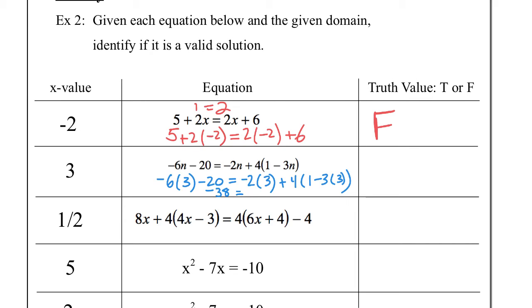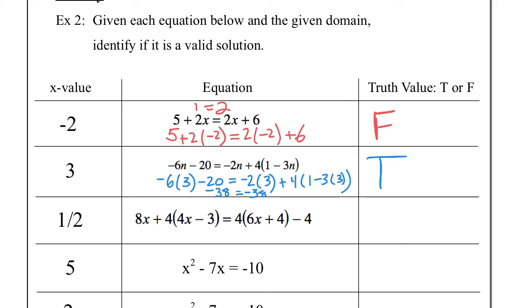On the right, in the parentheses, we're going to get 1 minus 9 is -8 times 4 is -32. We have the -6 up front, so -6 minus another 32 is going to be -38. So my eventual closing line here is -38 is equal to -38, which obviously is a true statement. 3 is a solution to this equation.